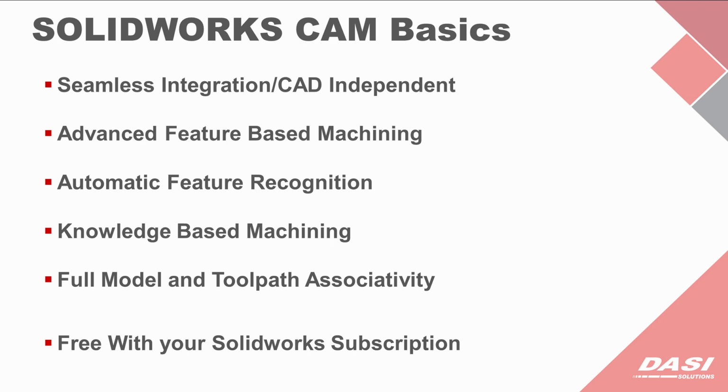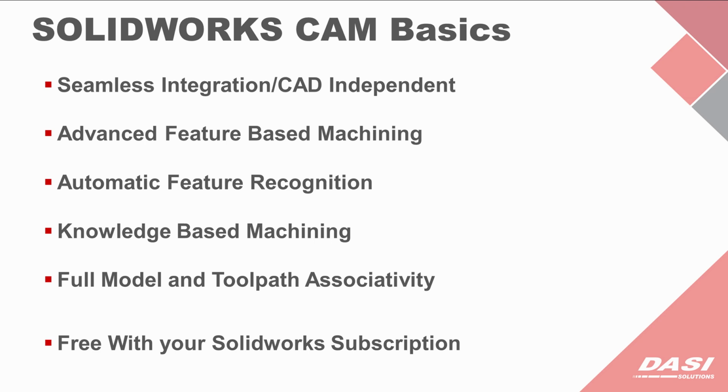And SOLIDWORKS CAM is able to do that by using advanced feature-based machining. So SOLIDWORKS CAM is going to take a look at your models. It's going to develop a feature tree for machining based on that model, and then it's going to apply machining strategies.